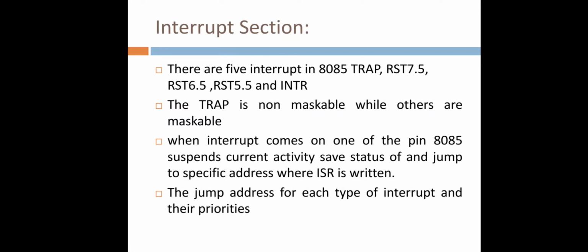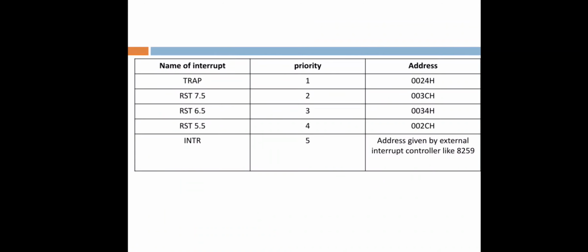The jump address for each type of interrupt and their priorities are shown in the table. As shown in the table, all the interrupts are given: TRAP, RST 7.5, 6.5, 5.5, and INTR. The priority level is also given. TRAP has first priority, and the jump address is also given.